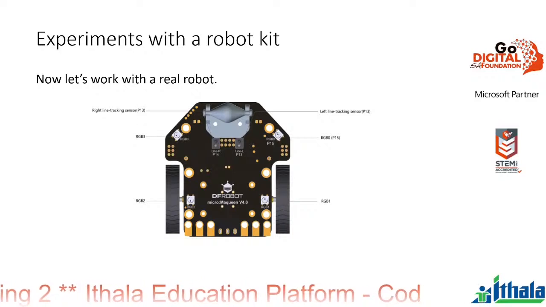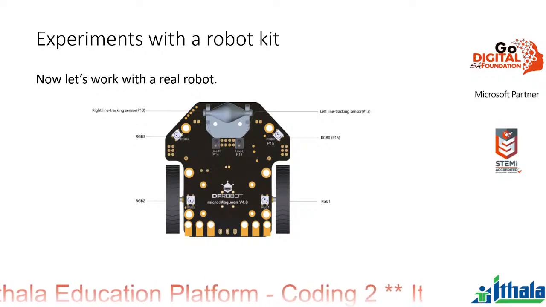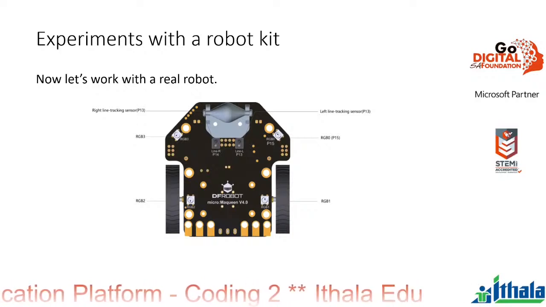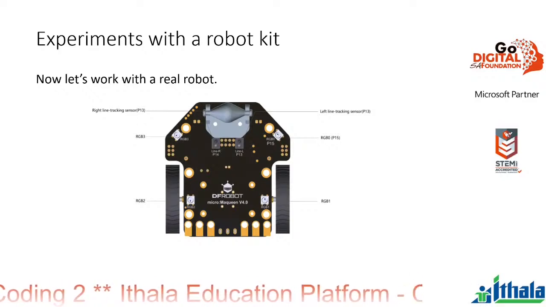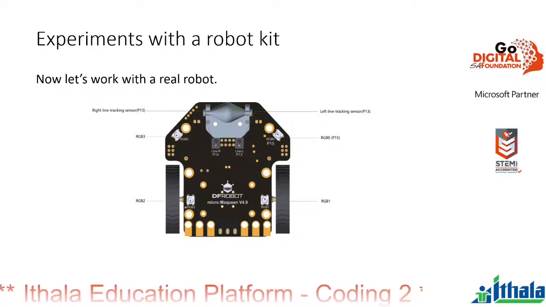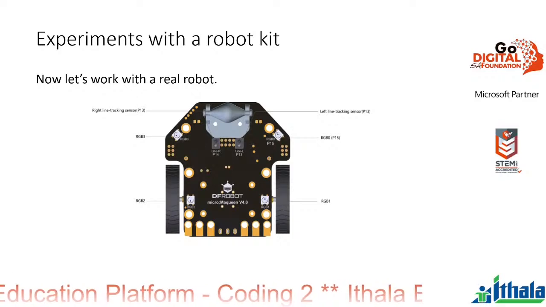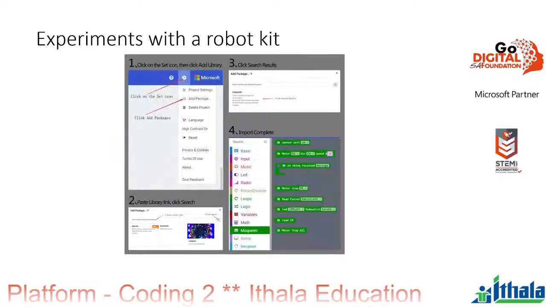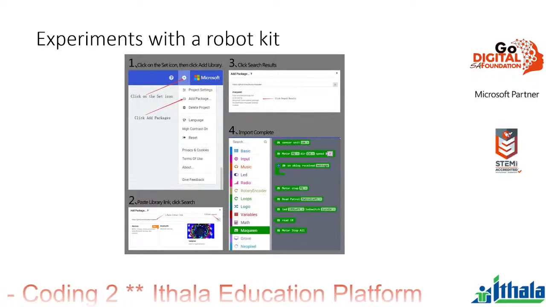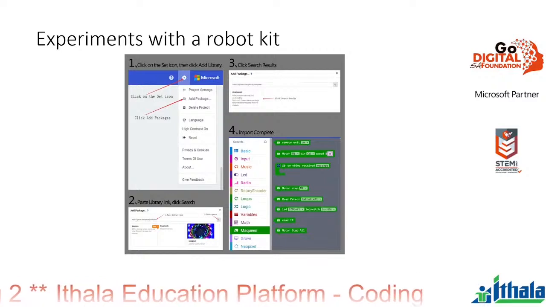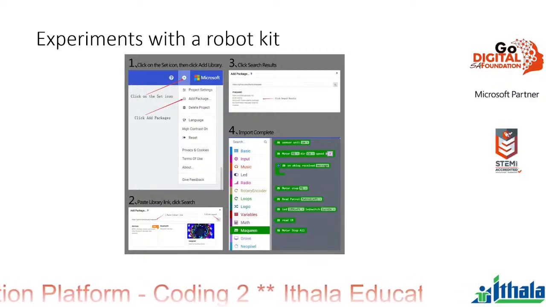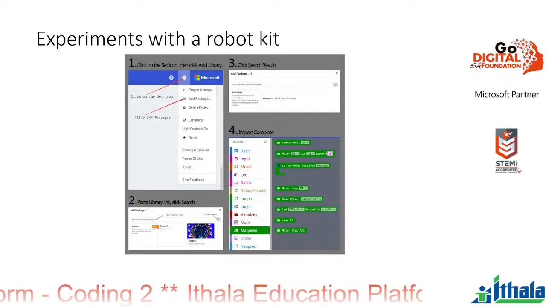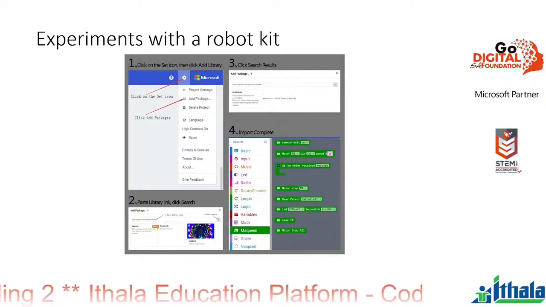We're going to go to our development environment. And before we can do anything else, we have to import a library into the development environment that supports this particular robot. So these are the instructions. We're going to go to the control icon, and we're going to add a library package.